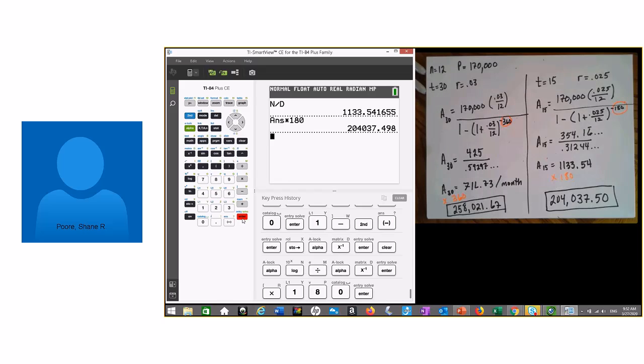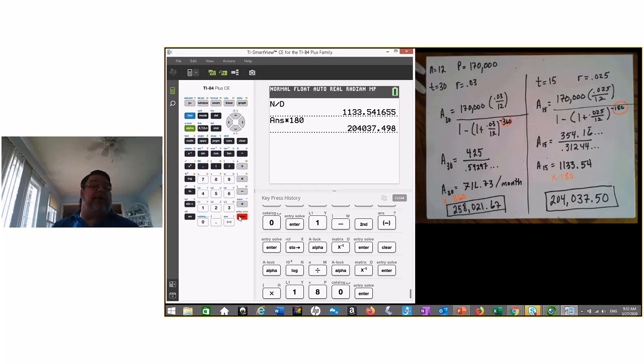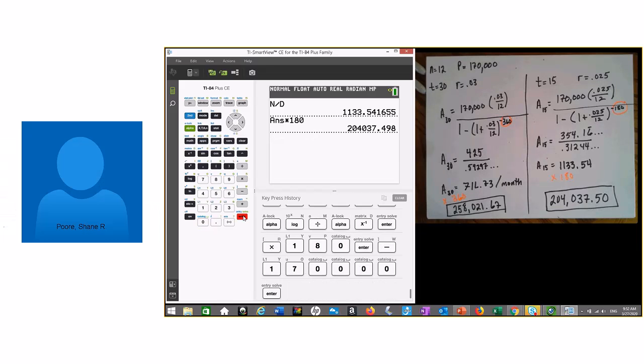So now you're getting it down, and just to give you an idea, minus 170,000, you only paid 34,000 for that loan.